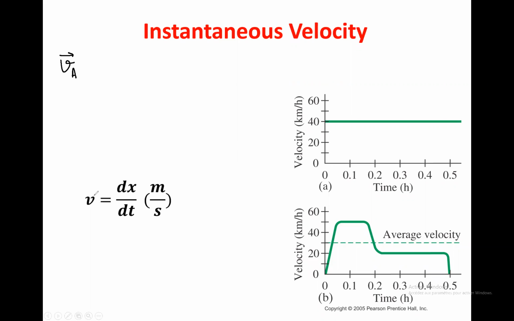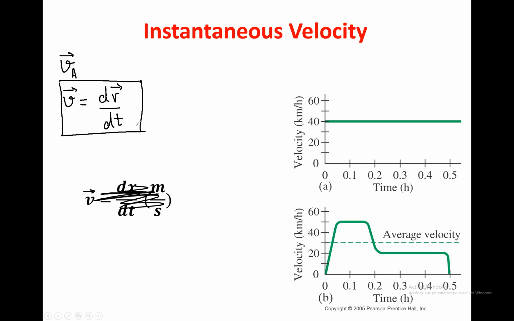V in general, we can say this in one dimension. V equals dr divided by dt. Okay, it's important. This is the general equation of the instantaneous velocity, or the velocity at any point.